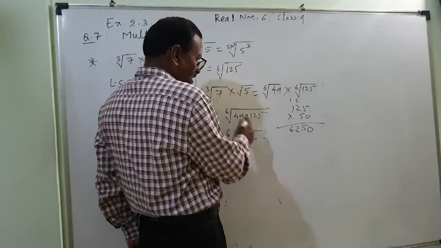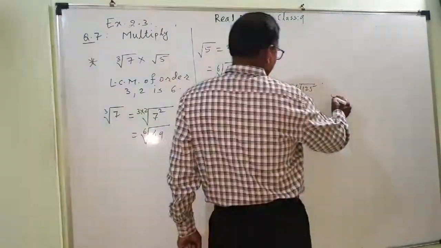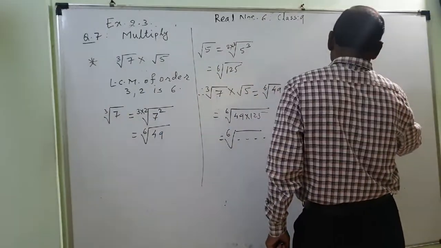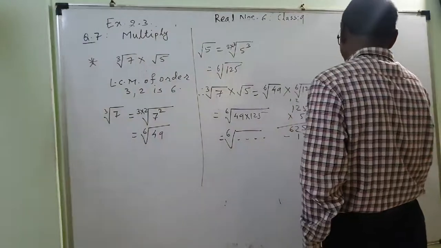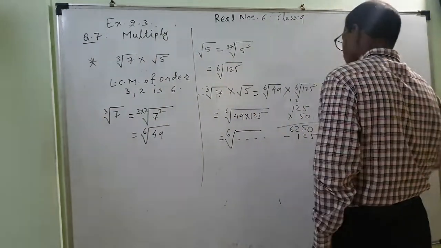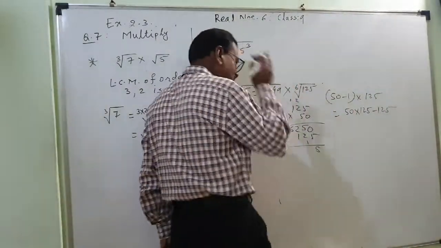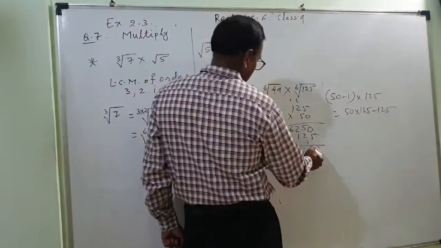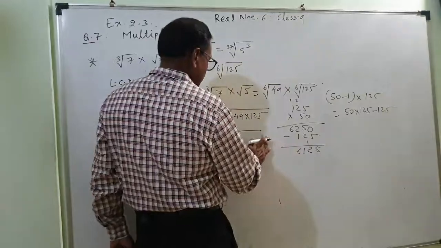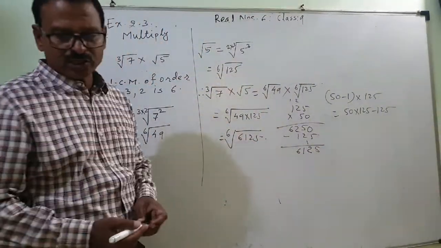The difference is 1, so minus this 125. 49 means 50 minus 1 into 125. This way I am doing. So that is equal to 50 into 125 minus 125. So this will be the easiest way. You should know the tricks. So 6125. This will be the multiplication. You can check it.